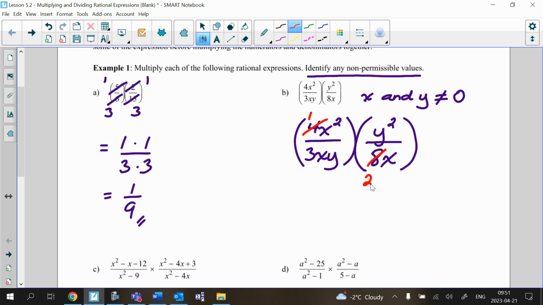What about the x's? How many x's are getting multiplied up top? 2 of them, because it's x squared. How many x's are getting multiplied on the bottom? 2. 1 here and 1 here. So if I'm multiplying by 2 x's up top, and I'm multiplying by 2 x's on the bottom, I can reduce them all. They all reduce down to 1.